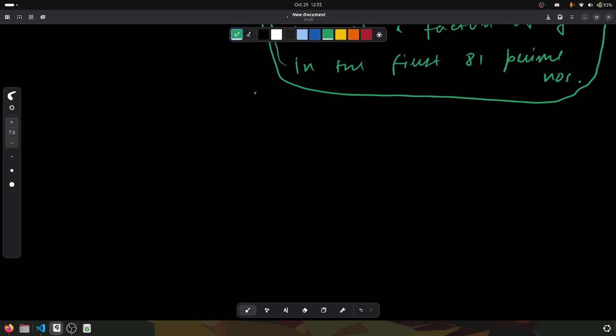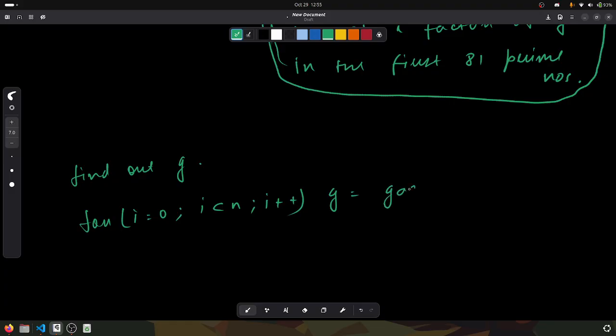So that is it. What we can do is simply find out G. To find G, we can just use a simple for loop: for i equal to 0, i less than n, i plus plus, G is nothing but GCD of G comma Ai.